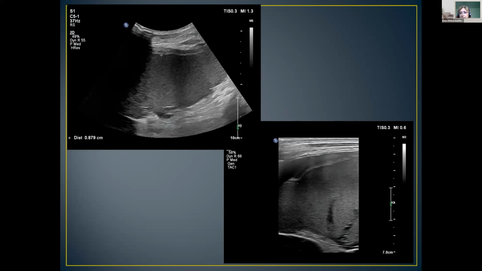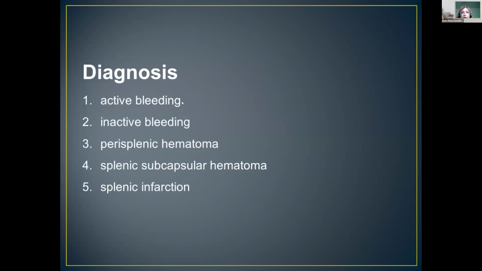We can see here an inhomogeneous, quite well delineated area. Our question was if it's a perisplenic or subcapsular hematoma, with active or inactive bleeding, or a splenic infarction. So we perform CEUS.